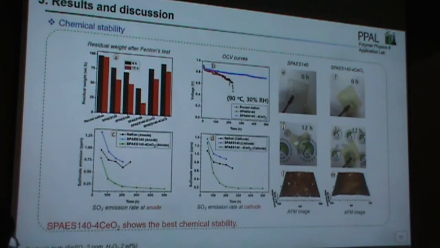And figure L and N are the AFM images of the membrane. We can see a lot of pinholes appear in the pristine membrane after 10 hours treatment in the Fenton test. However, the surface of the membrane containing cerium oxide is still very good.